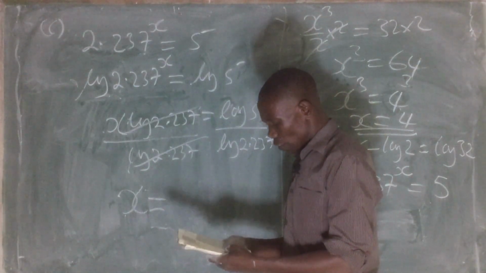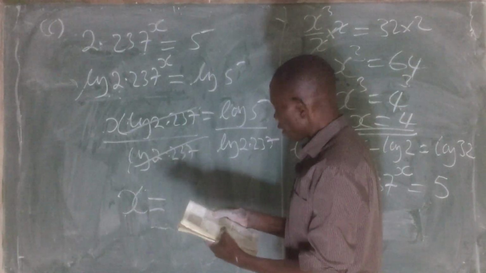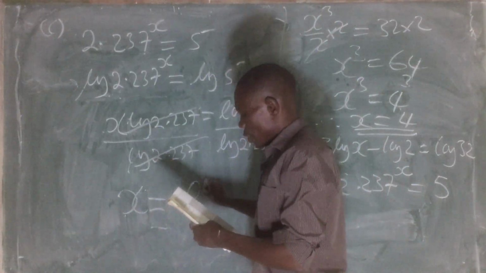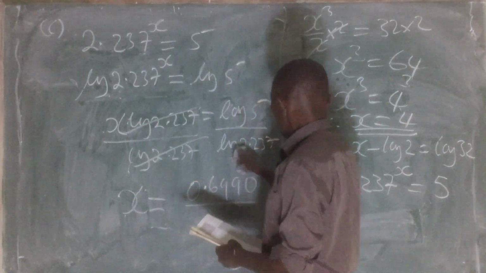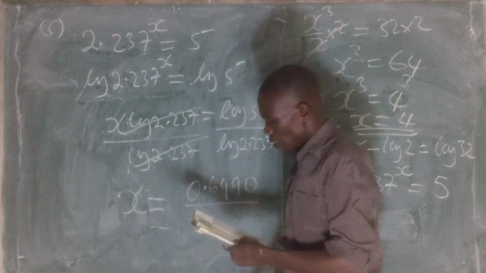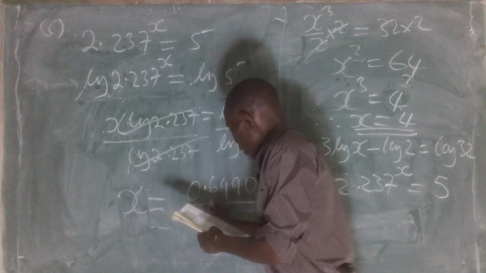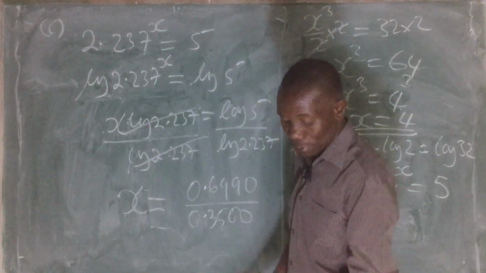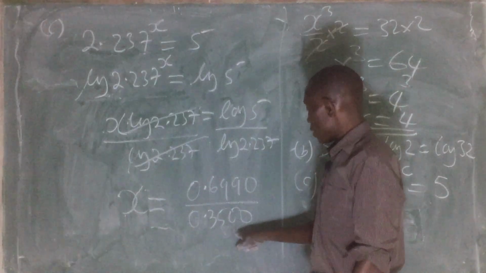You find that the logarithm of 5 is 0.6990, while logarithm of 2.237 is 0.3500. So the value of x will come out as the quotient of this and this.